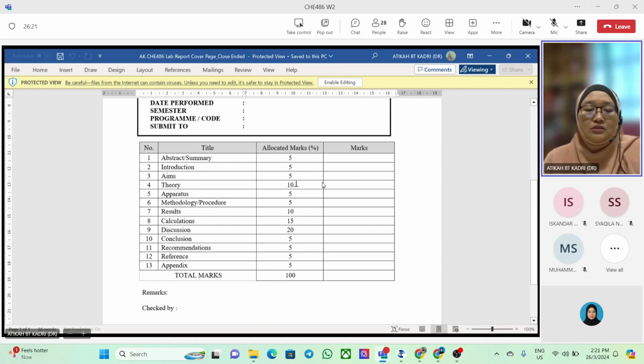It doesn't mean you can abandon your introduction or the objective because the marks are few. No, you need to have them, but you should put a lot of effort into those with high marks. Are we okay?